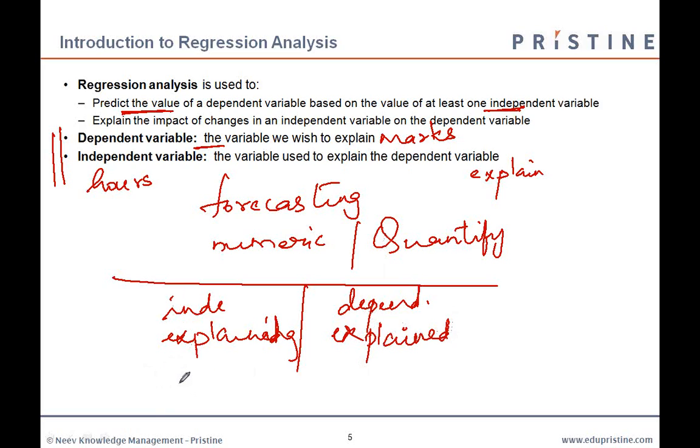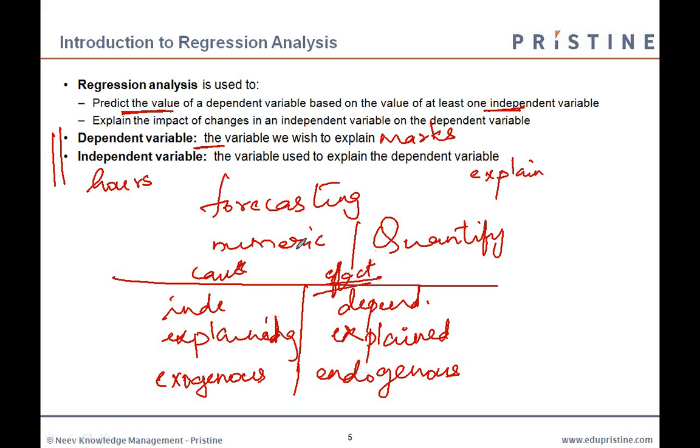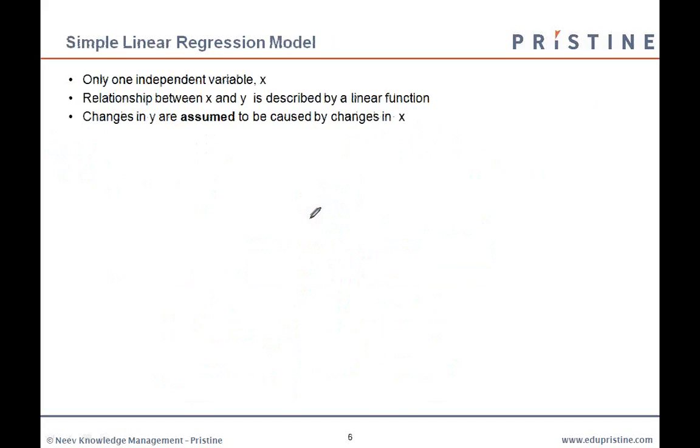And the last one, it's also called exogenous variable, and endogenous variable. Okay, all these mean the same thing. That is, independent variable, dependent variable, explaining variable, explained variable, exogenous variable, endogenous variable. Right? All these refer to the fact that there is some cause and there is some effect. Okay. Any questions so far?